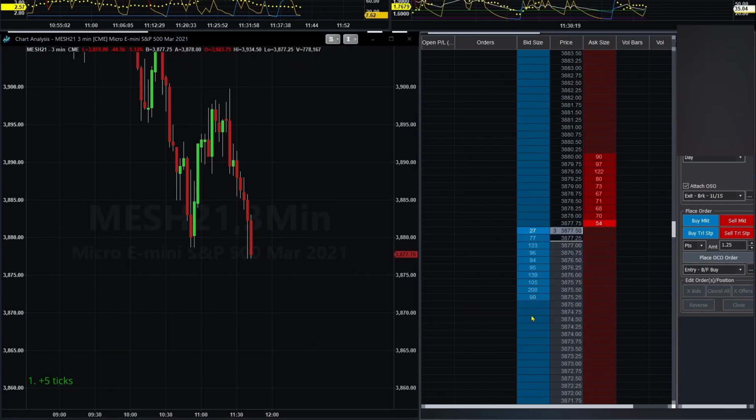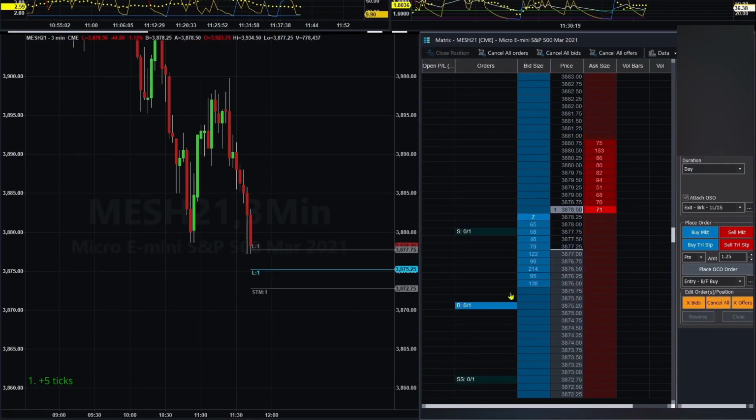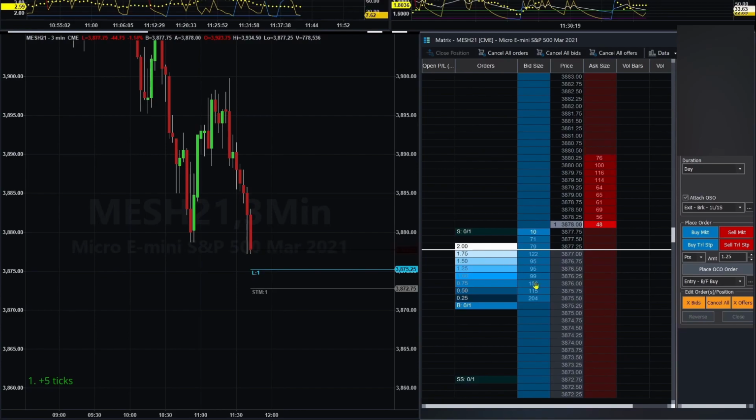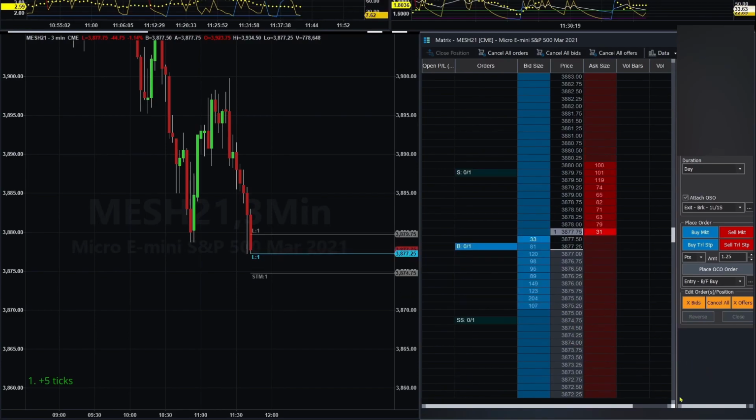There we go again, the next signal. Right here. Red. Five ticks. There it goes.